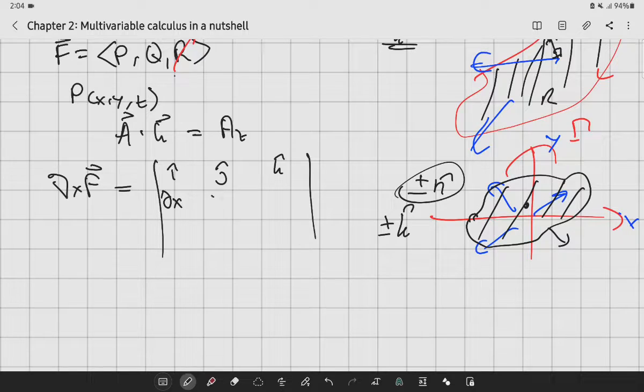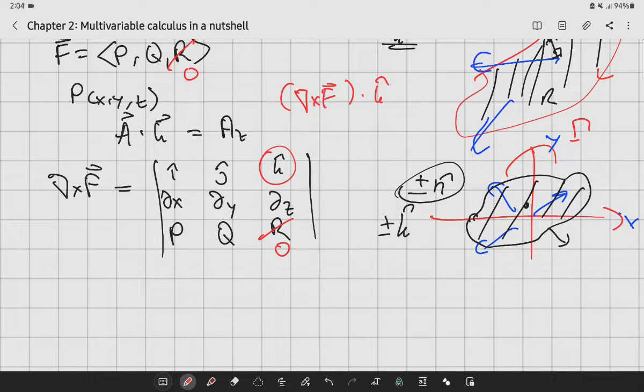i, j, k on the first row, and then you had partial x, partial y, partial z, and P, Q, R. These are the components of F. Now, we said that R was 0 because the field is entirely inside the 2D plane, so we could take this as 0. And if I calculate the kth component, because you're dotting curl F with k, what will I get?